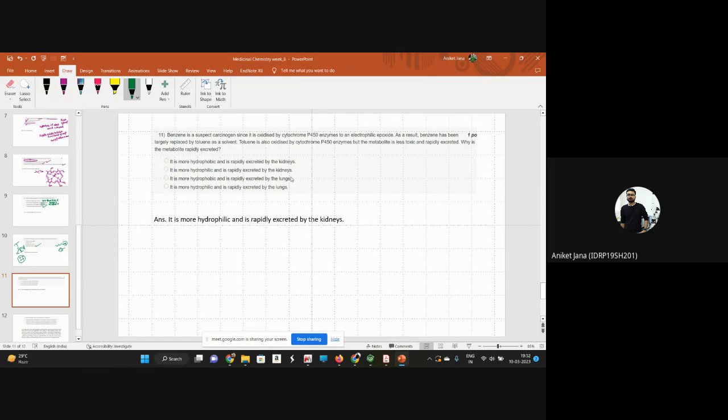Why is the metabolite rapidly excreted? So tell me why. Benzene is very carcinogenic. In many countries the use of benzene is banned, basically in Europe and American countries, where its use as a solvent is not accepted.